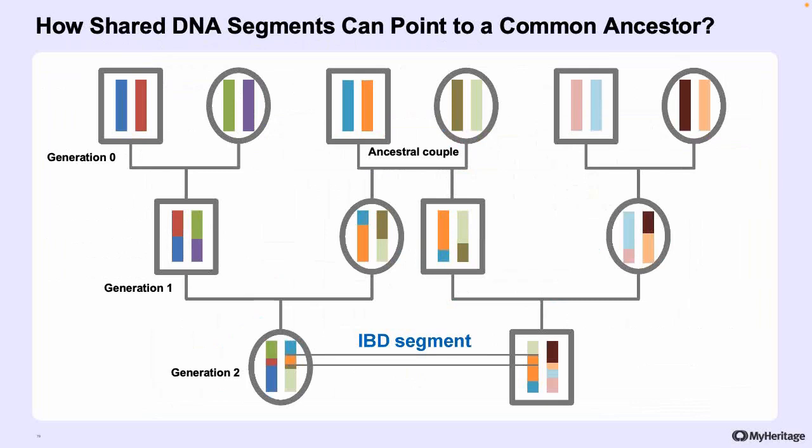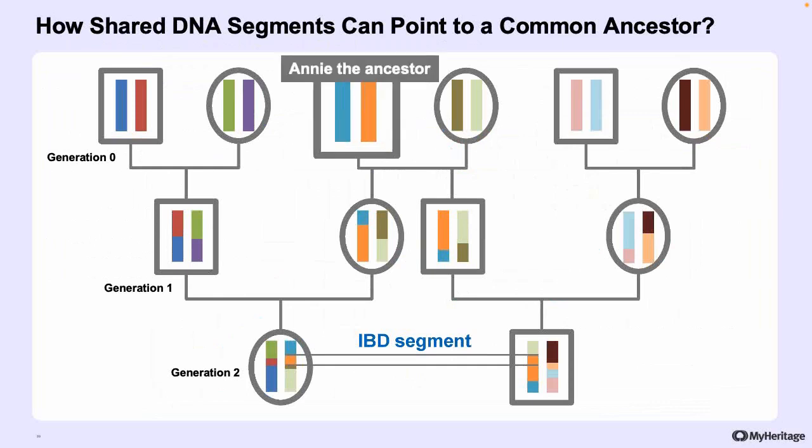So this is a nice chart that I like to use. You can see here kind of a family tree. There's generation 0, which are ancestral couples, generation 1, which are their children, and generation 2, which are the grandchildren. In each one of them is an ancestral couple. Now let's focus on Annie the ancestor.